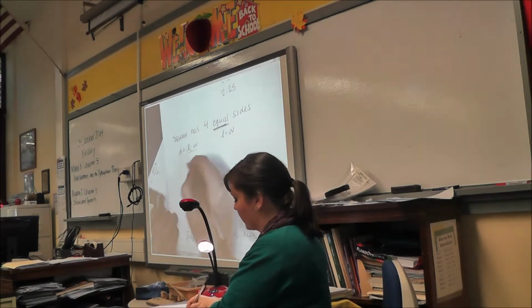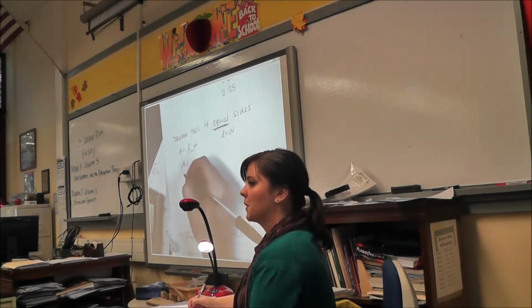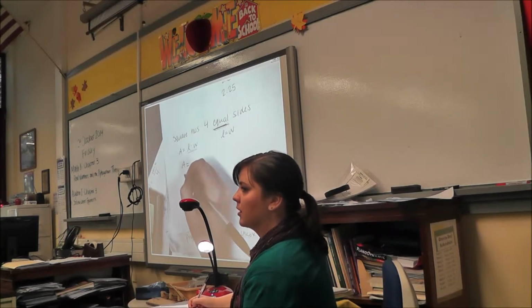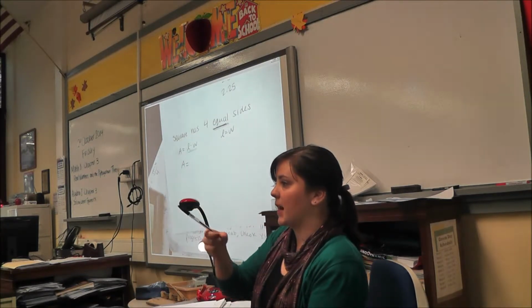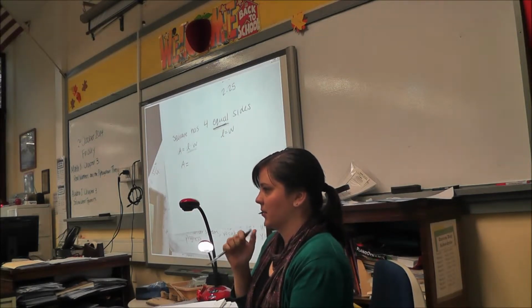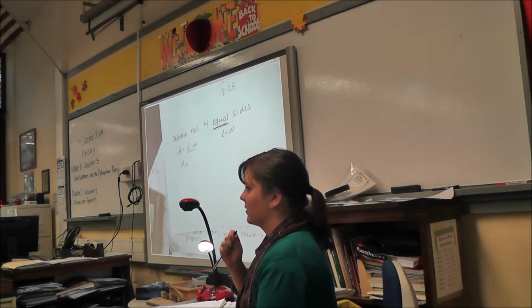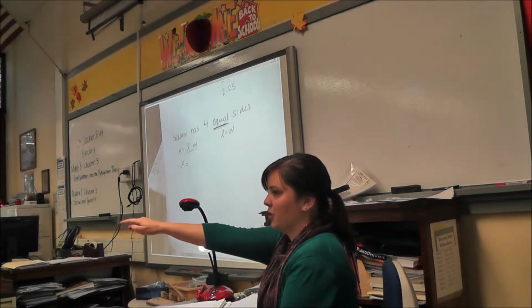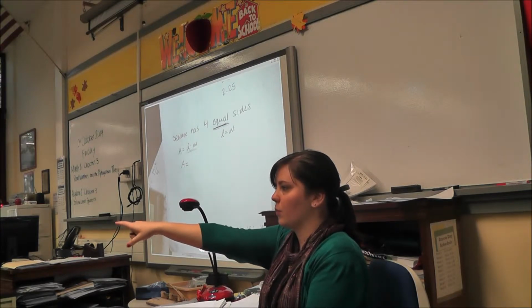So how else can we write the area? Darnell? Base times height, but we know base and height are equal. So what's another way we can write it? Sophia? She said length squared or width squared.